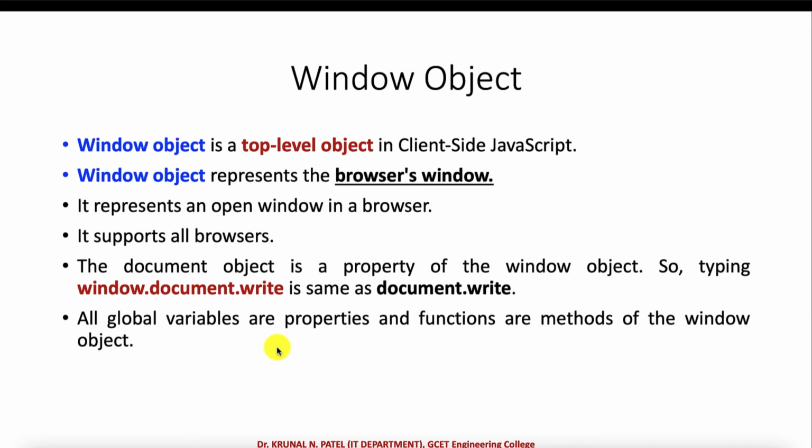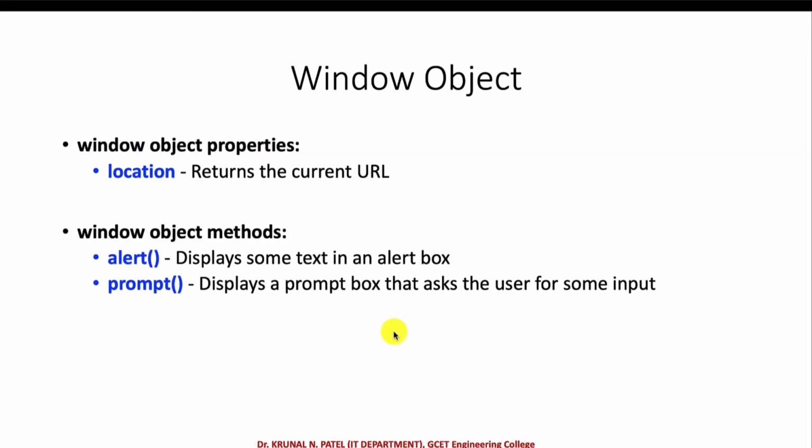Now let's see the various properties and methods we are going to use for the window object. First of all, the location property returns the current URL. Some of the methods we have already used, that is alert and prompt.